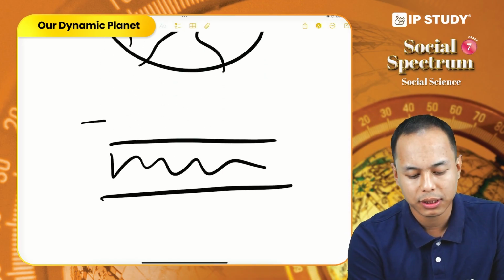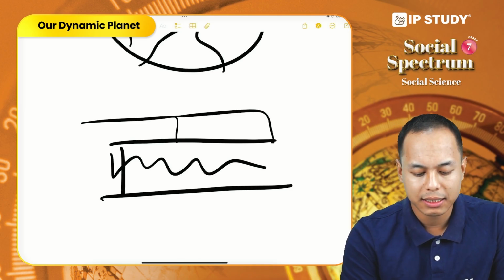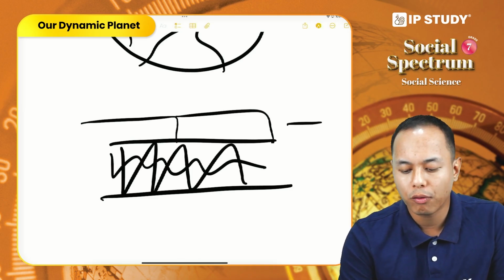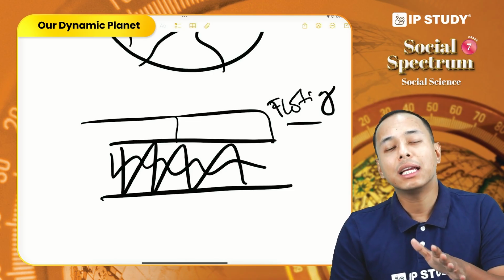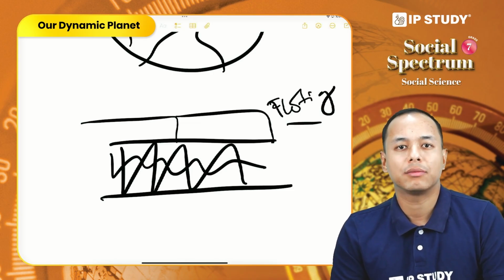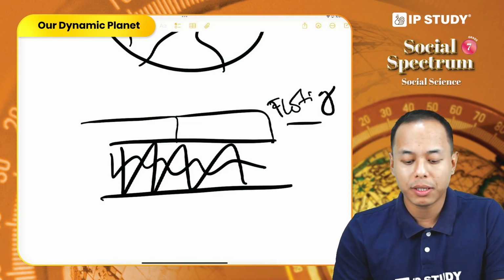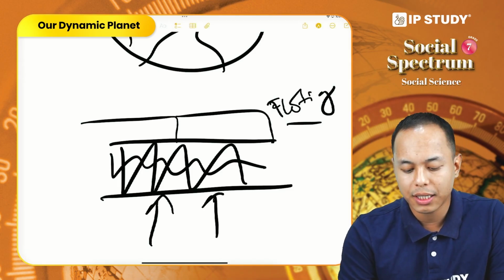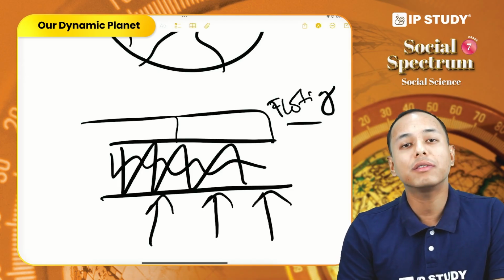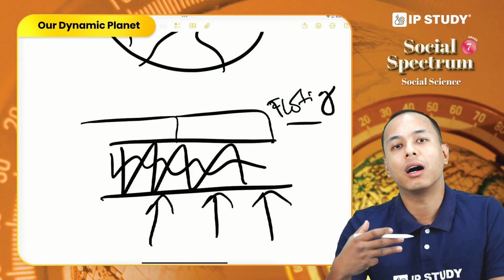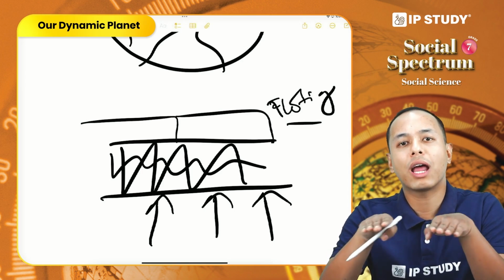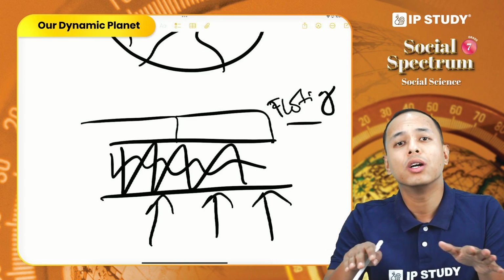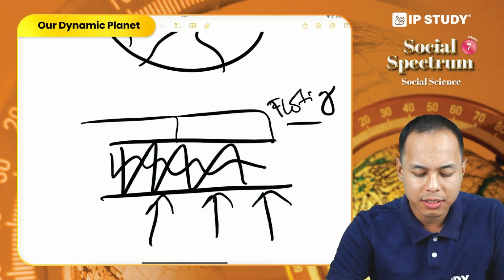Suppose these are different plates and this is the mantle, so they are in a floating state, and this causes movement of the plates. And why do they float and why is there movement? Because of the heat from below, the interior heat. Because of the interior heat, the plates are forced to move, and they collide with each other, they pass through each other. So there are different movements of these plates.